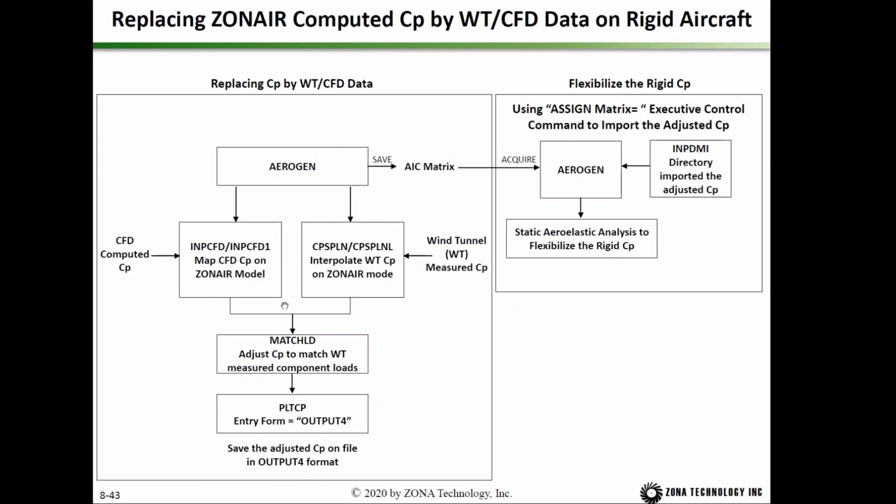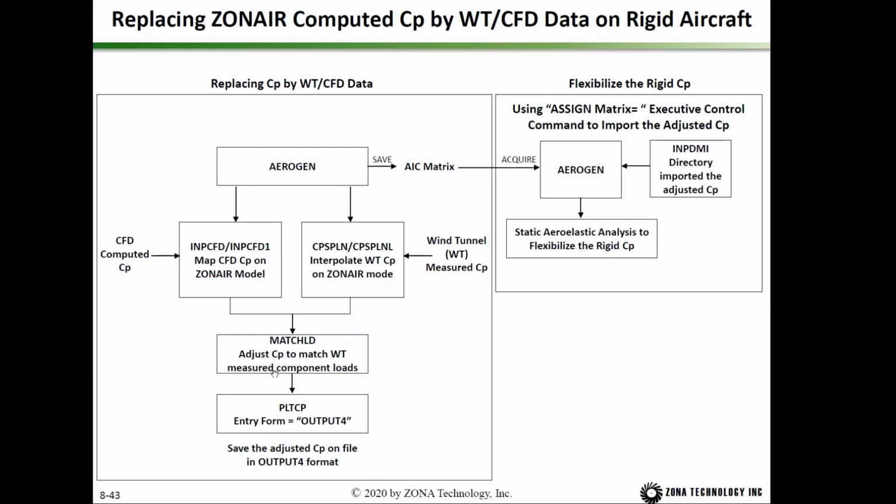After that, if you have component loads measured by the wind tunnel testing, such as wing root bending moment, shear and torque, then you can use mesh LD to further adjust those CP in order to match these component loads.